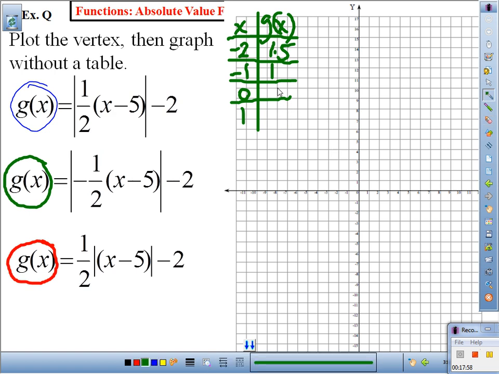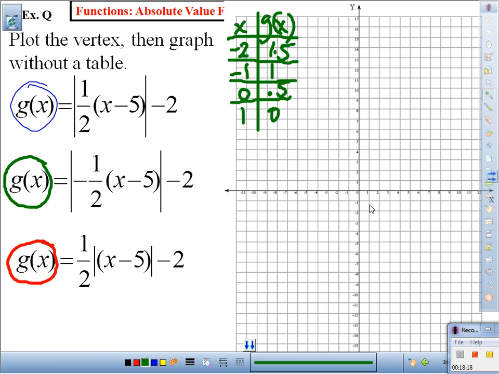You haven't done it yet? Paul, help her out. 0.5, that is correct. How about when x is 1? What do you get for x is 1, Ramon? 0.